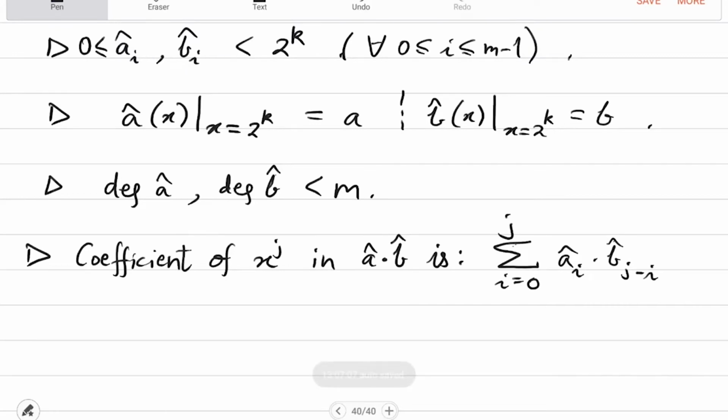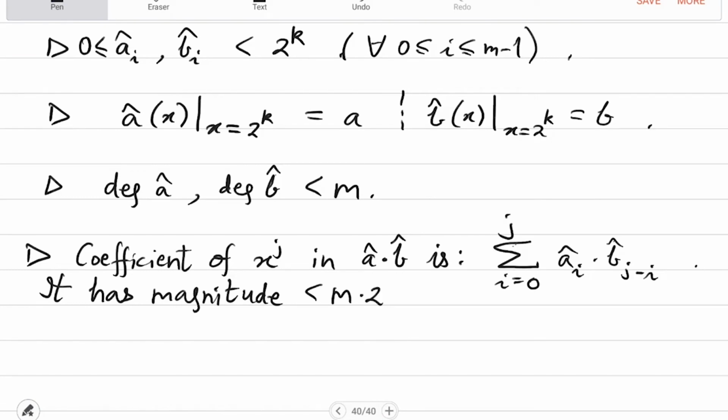So how big is this number? The sum of these products? The number of terms, j plus 1, will be at most, I guess, m. So it is m times ai hat, and bj minus i hat we know is at most 2 raised to k.